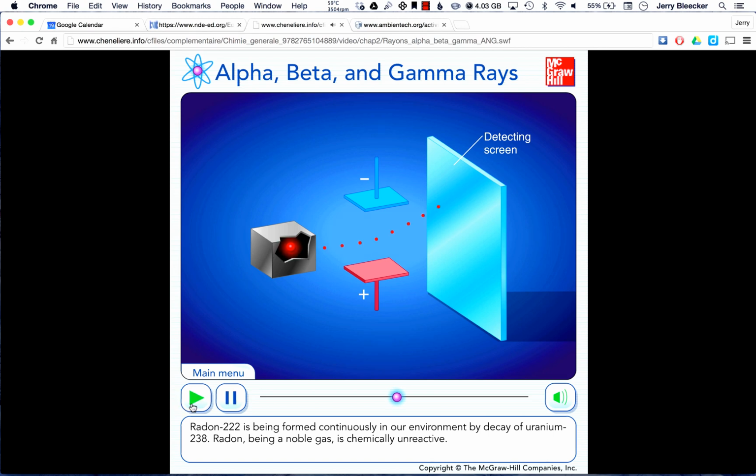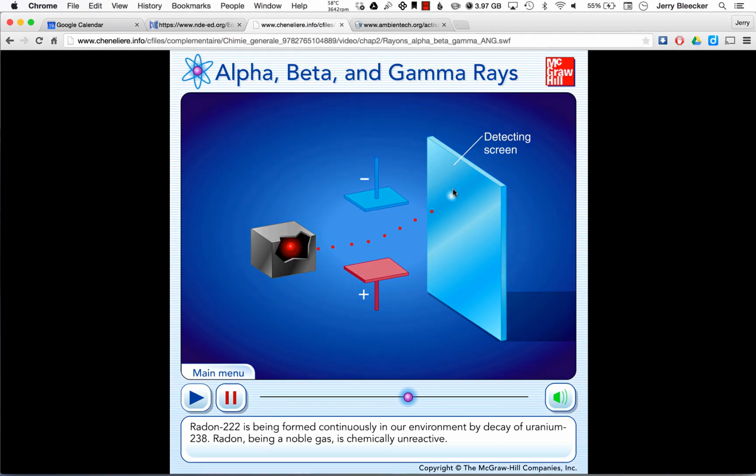Now, if you watch this, as that uranium decay goes on, and there's a lot of uranium in the soil, this right here is an emission of alpha particles. So alpha particles are basically helium nuclei, and they're positively charged. So in this experiment, what you'll see is alpha particles will bend towards the negative plate because they're attracted to it. And in this case, they'll illuminate the top of the deflecting screen, which is really what this animation is trying to show you.